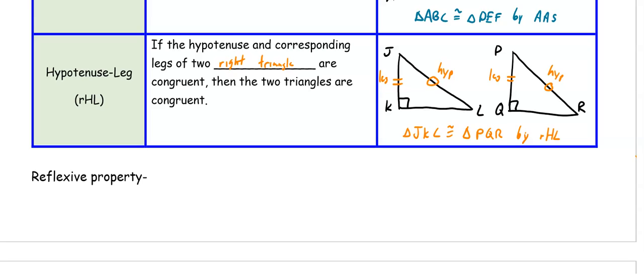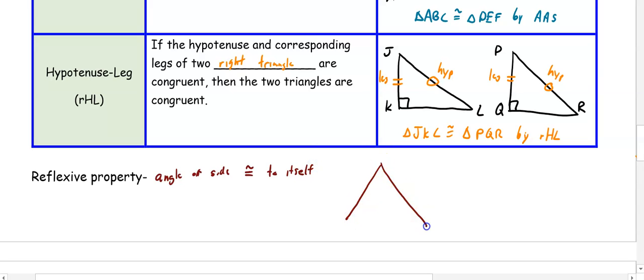So one more property before we start using these is reflexive property. Reflexive property is an angle or side is congruent to itself. For now, what we're going to use reflexive property for is if we have a problem with a shared side.